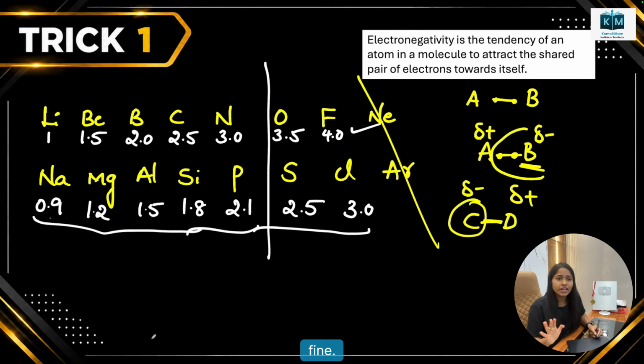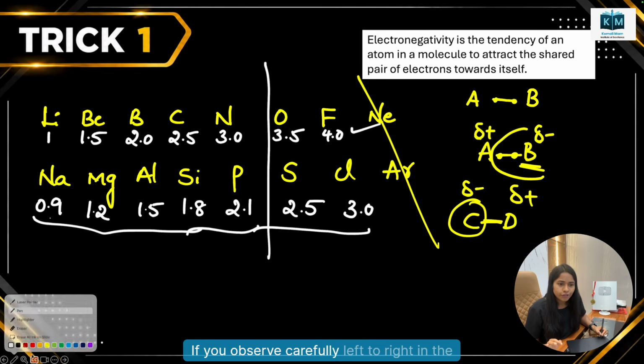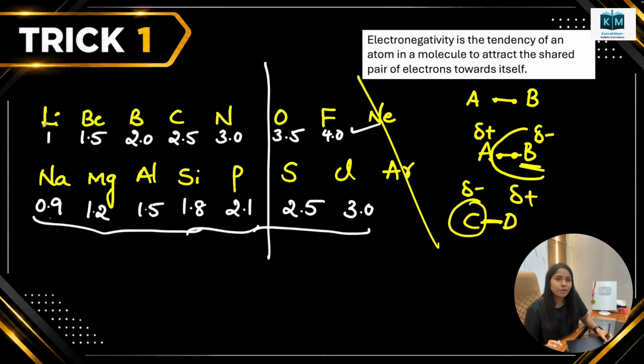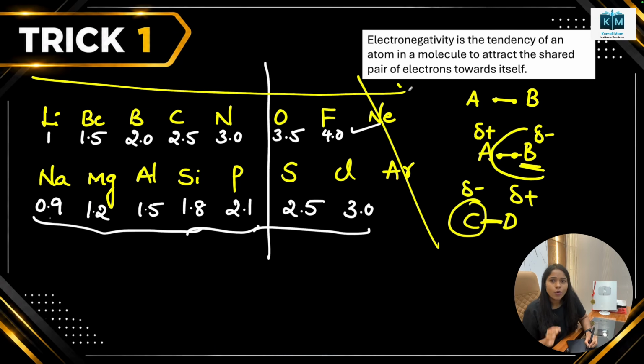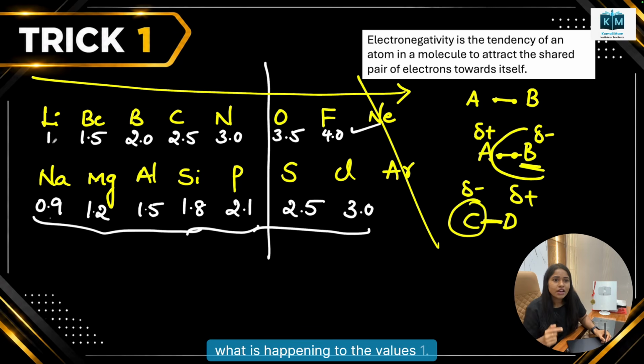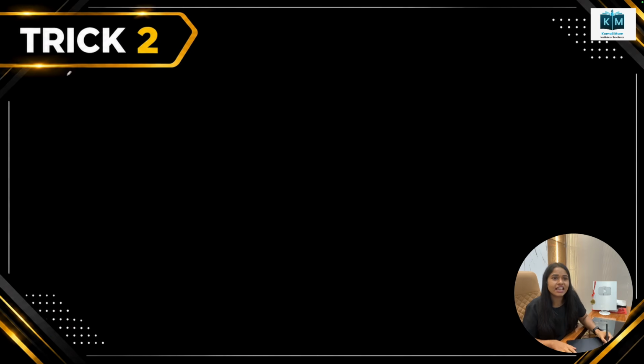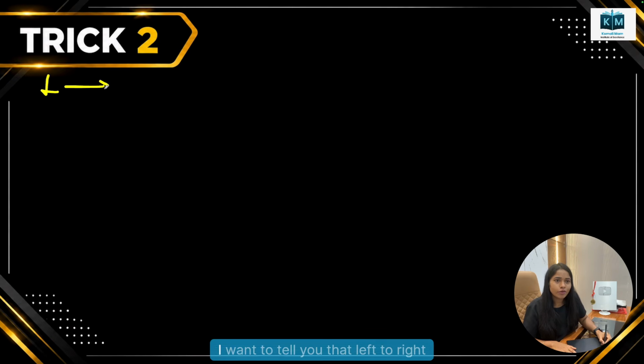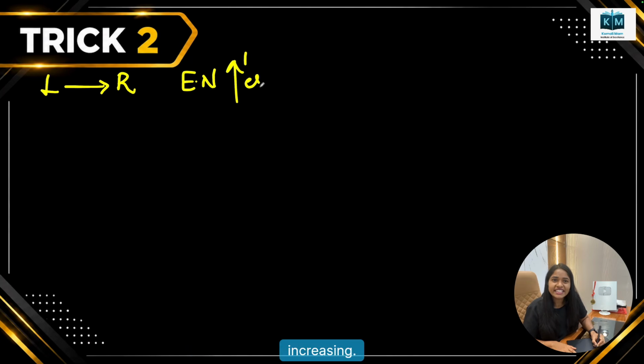Fine. If you observe carefully, left to right in the periodic table, what is happening to the values? 1, 1.5, 2, 2.5, means increasing. So trick number 2: left to right, electronegativity values are increasing.